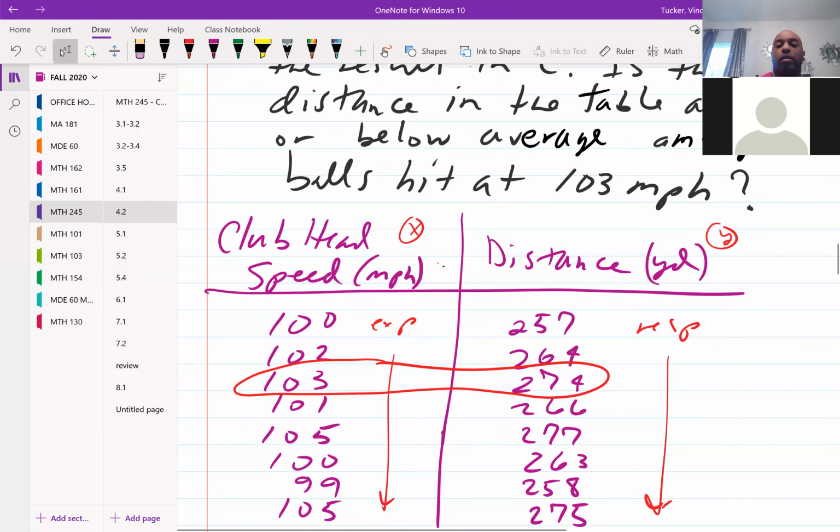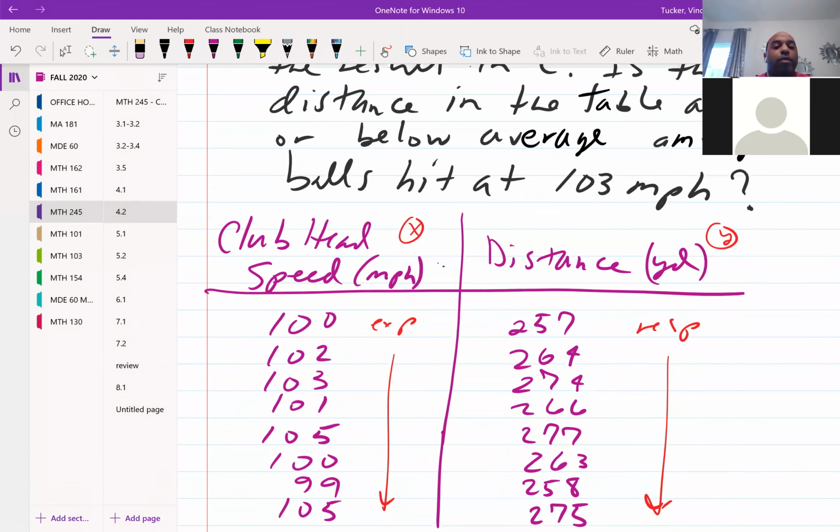All right, so here is that. This is the same data set that we had from before, dealing with the club head speed and the distance that the ball travels.